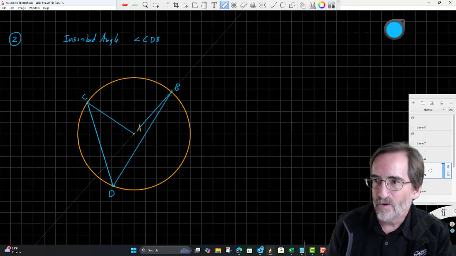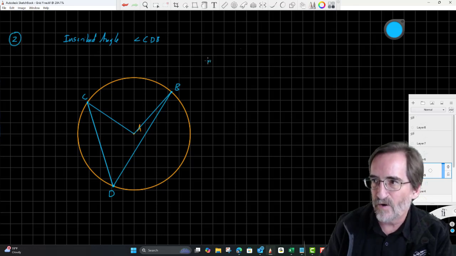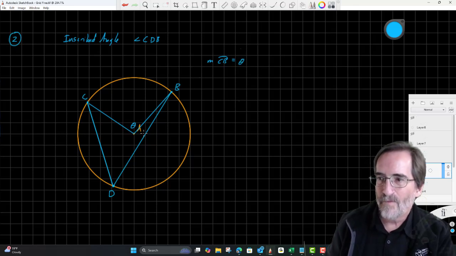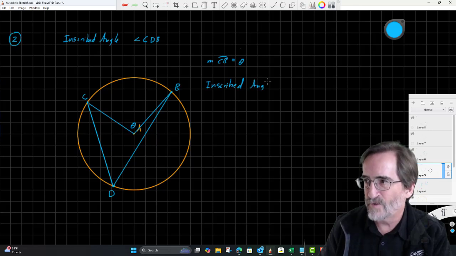Okay. You recall from the last slide, the measure of arc CB is given by the measurement of this angle right here that we call theta. The inscribed angle theorem says this, and I'm not going to prove it. The lesson goes into a little bit of an explanation, but not a rigorous proof. But the inscribed angle theorem is one of the big ideas of this unit.